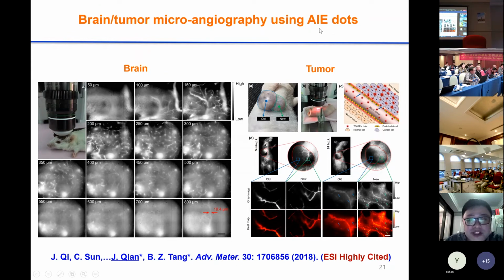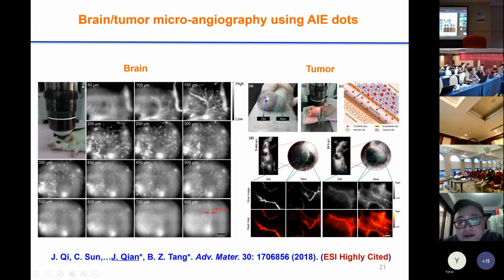We intravenously injected these dots into the body of a mouse. Then we did some surgery on the brain of the mouse and put this brain under our microscope. We can observe the blood vessels at different depths. The depths can reach around 800 micrometers.